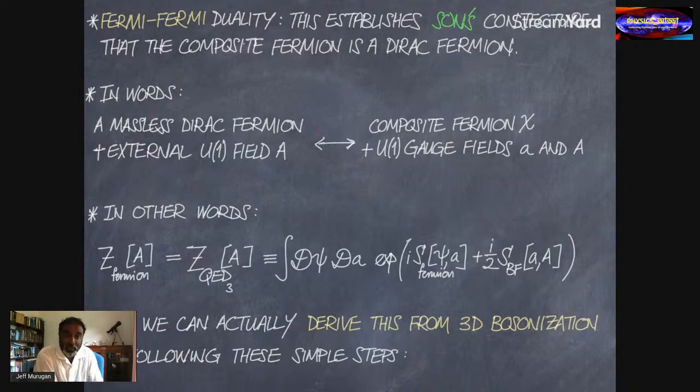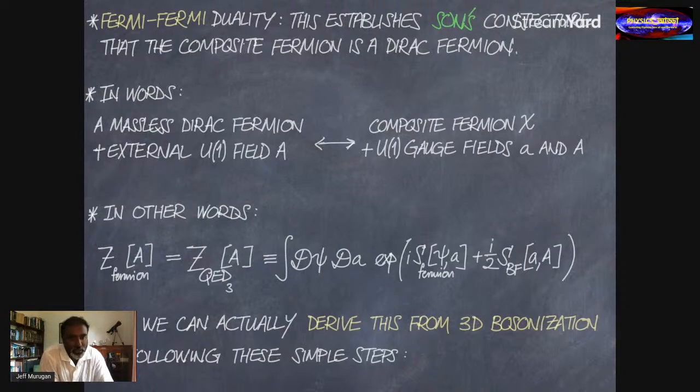So in words, this duality says that a massless Dirac fermion coupled to an external U(1) gauge field, capital A, is dual to this composite fermion chi, which is coupled to two gauge fields. One is an external gauge field, capital A, and the other one is a dynamical U(1) gauge field, little a.